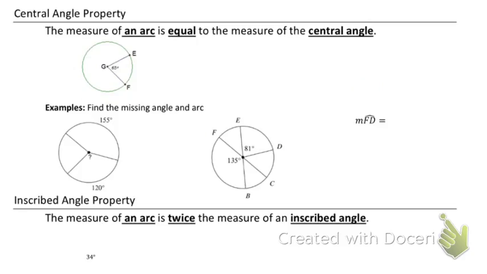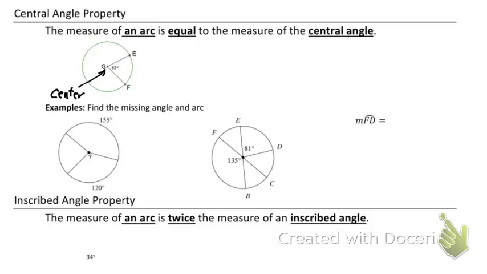The main property of a central angle is that the measure of an arc is equal to the measure of the central angle. So if we look at this one, we have a central angle EGF, I should say in the proper order. It makes it a central angle because G is the center of the circle.